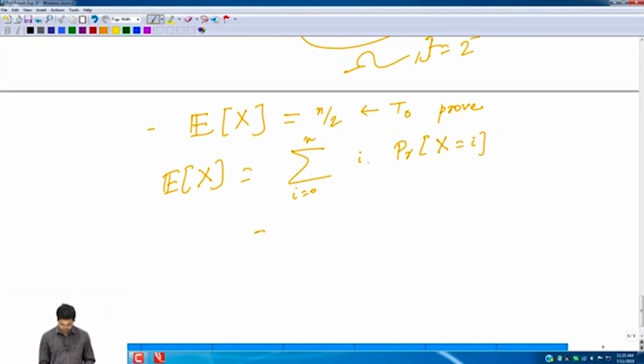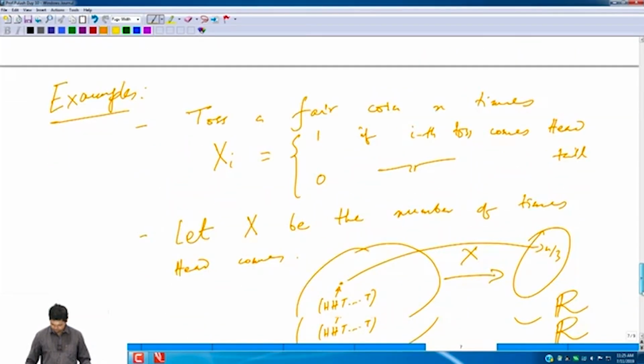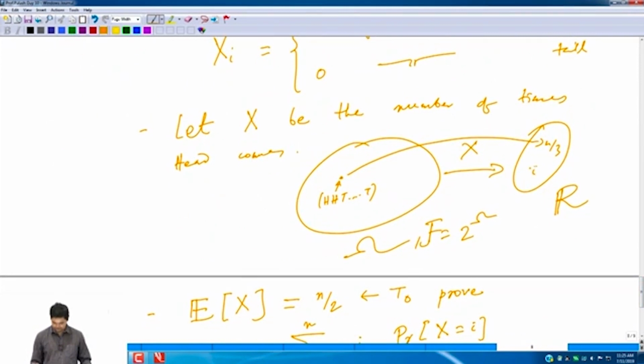And now, what is the probability of x equal to i? Look at this point i and find the set that is mapped to i. So who are the elements in omega that are mapped to i? Exactly i heads should come. That's how the random variable x is defined.